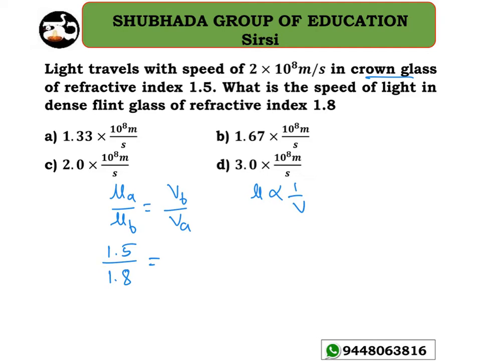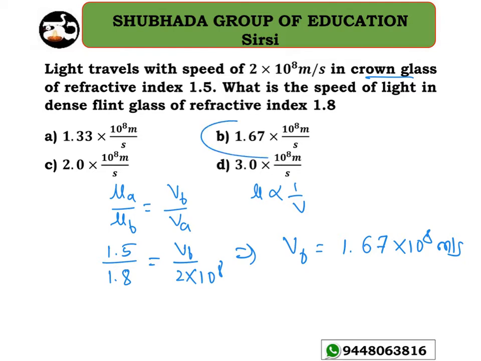That must be equal to VB divided by VA, where we need to calculate the speed in flint glass, VB, and VA is 2 into 10 to the power of 8. It implies VB is equal to 1.67 into 10 to the power of 8 meter per second. So option B is the right answer for this question.